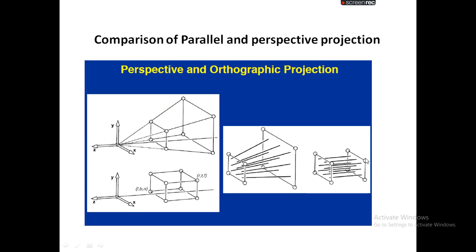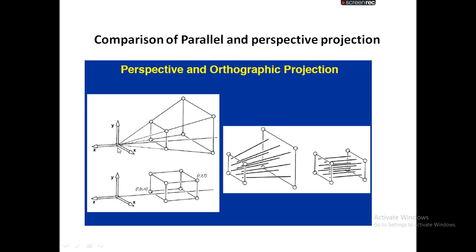So how we can use parallel projection and perspective projection: see here. In the case of perspective projection, the shape is like this. Whenever we are using OpenGL programs in future, in the next slides, I will explain how we use perspective projection and orthographic projection.